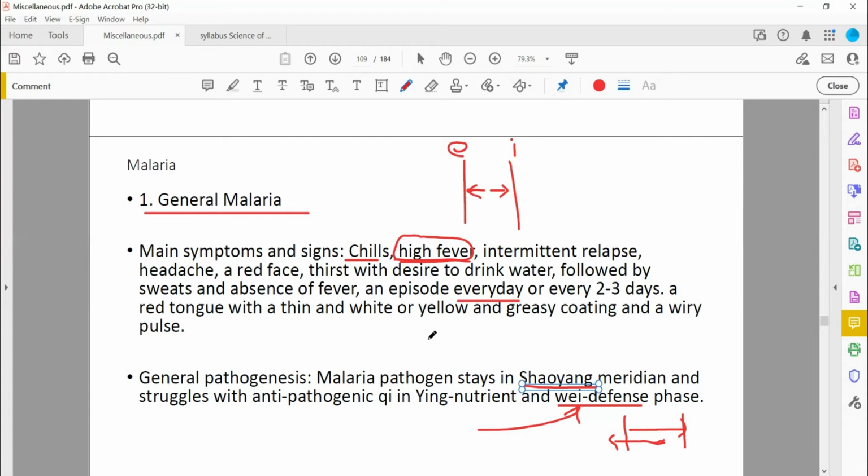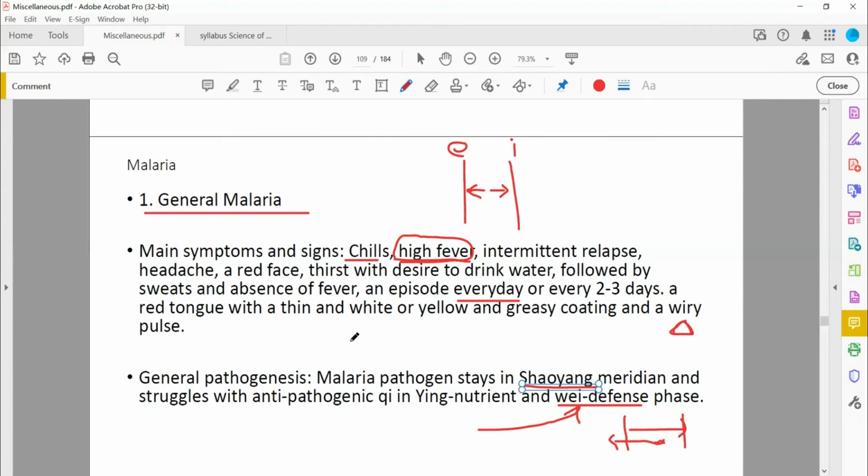So for half exterior, half interior, we know the pulse is a wiry pulse, right? Alternate chill and fever and wiry pulse. These two manifestations are the most typical. We'll see that's the key manifestations for the half exterior, half interior syndromes.